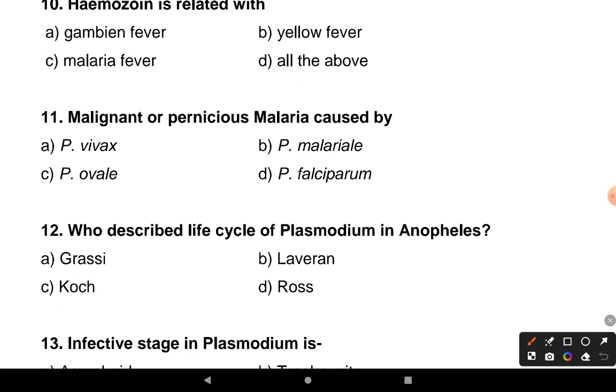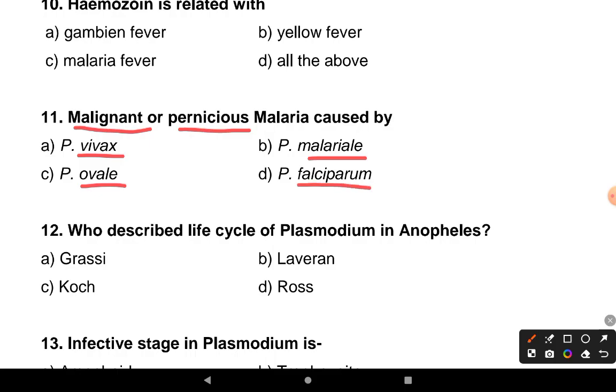Our next question is: malignant or pernicious or blackwater fever is caused by Plasmodium vivax, Plasmodium malariae, Plasmodium ovale, Plasmodium falciparum. Our correct answer is option D. Malignant or pernicious malaria is caused by Plasmodium falciparum.